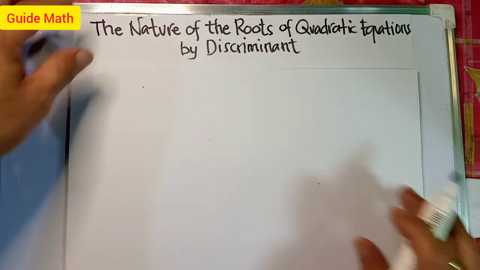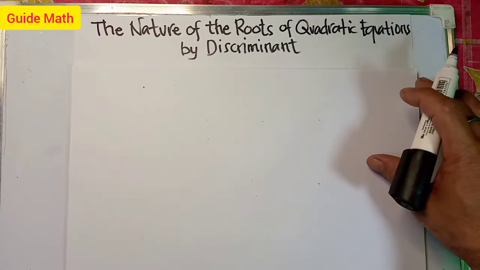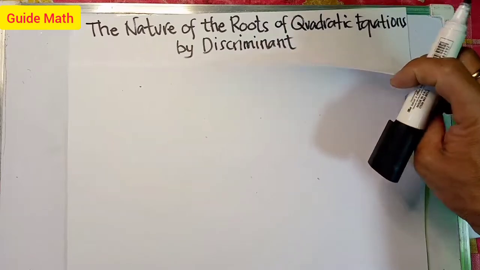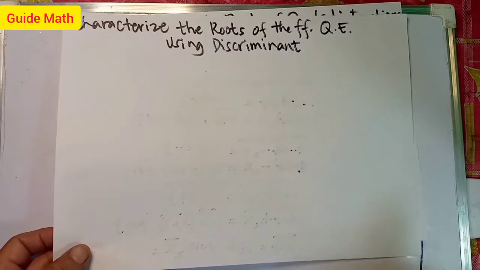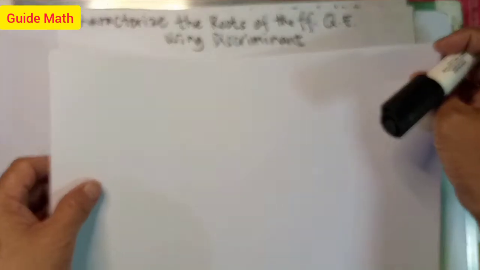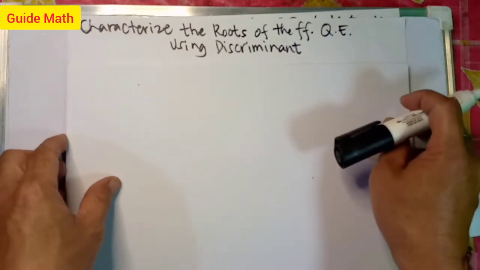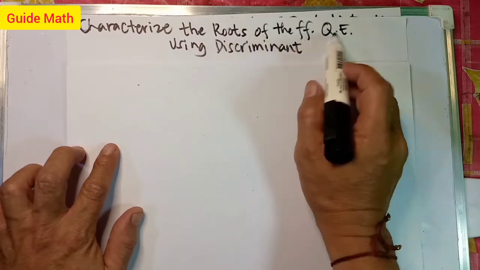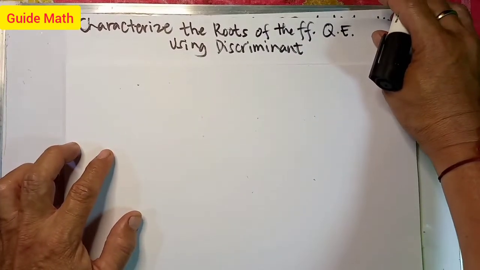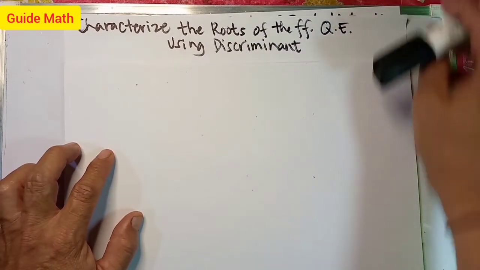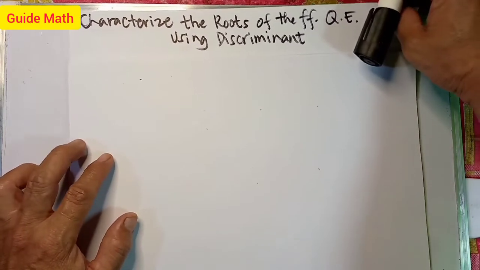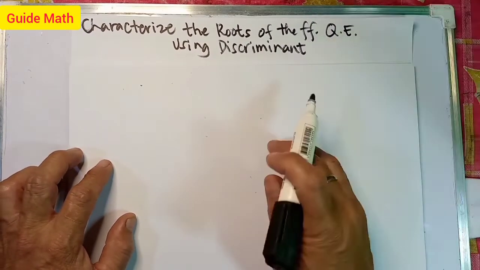So, we will go now on how to characterize the roots of the following quadratic equations using discriminants. So, ipapakita natin dito. I will give you an example kung paano.